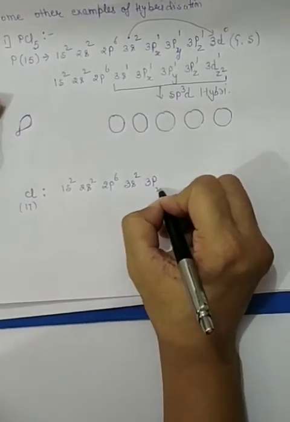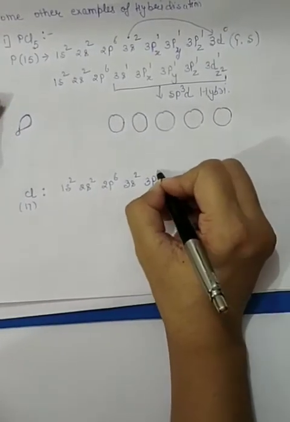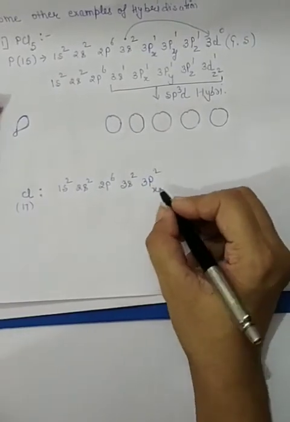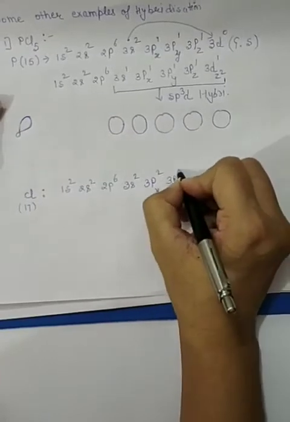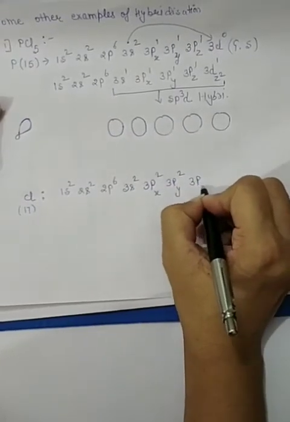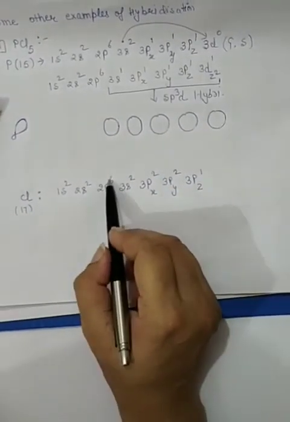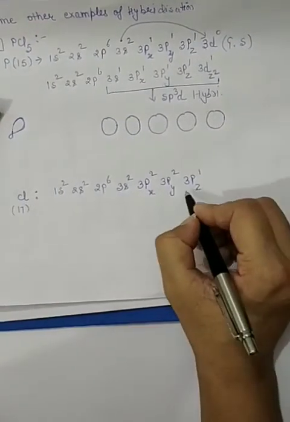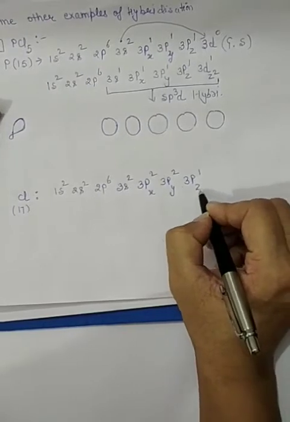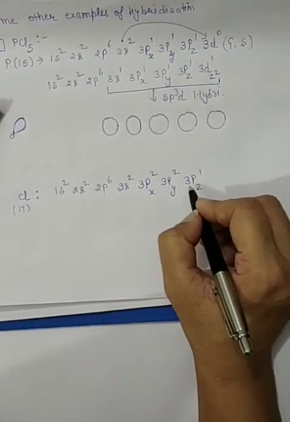In expanded form, 3p5 is 3px2, 3py2 and 3pz1. Here it is 10 plus 6 and 1, 17, isn't it? So it has one half-filled 3pz atomic orbital.